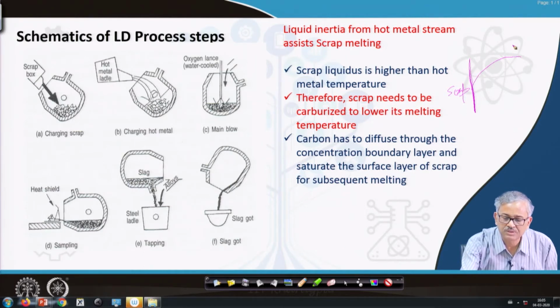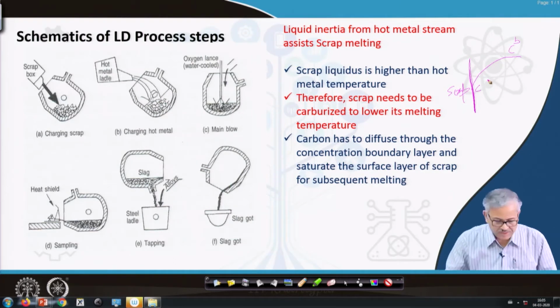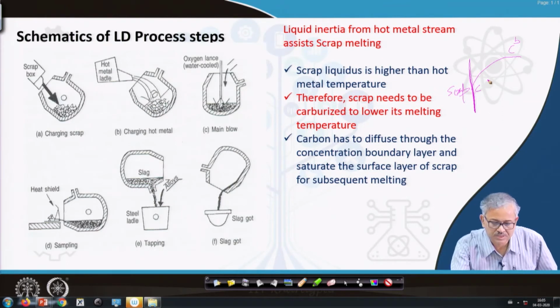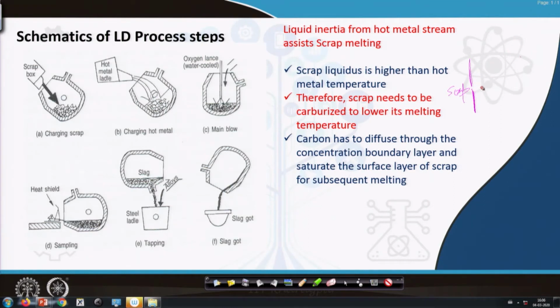Here is the carbon in the bulk. Carbon is higher basically in the bath, and in the scrap it is lower. So, here it is lower.